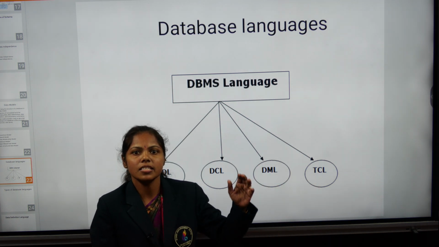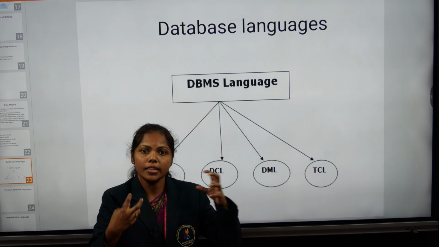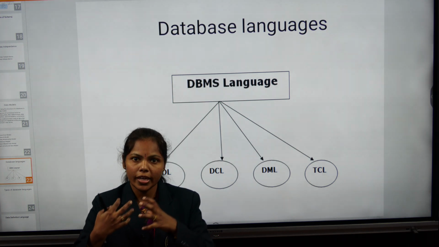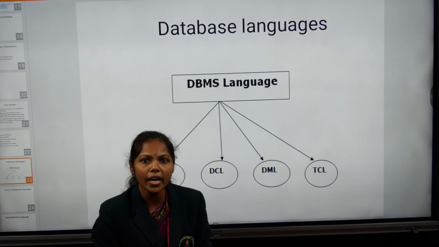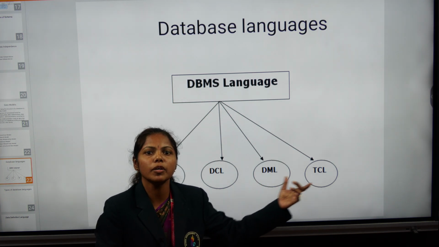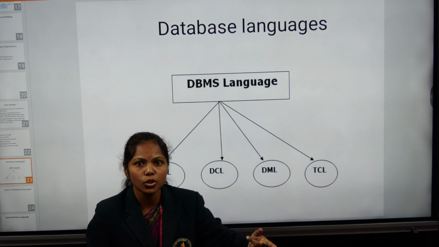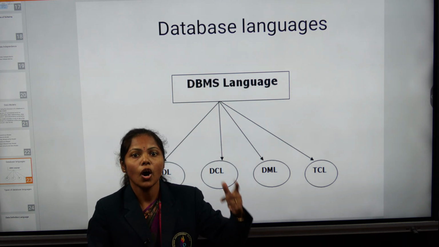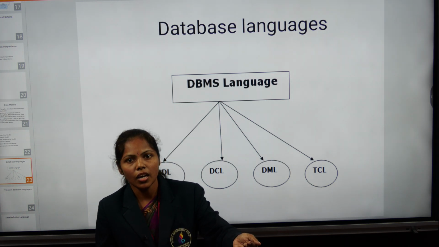SQL is the Structured Query Language. This language contains a set of commands, and these commands are used to interact with the database. If you want to perform any operation, we require languages. That is the main purpose of DBMS languages: to perform certain operations on the database based on the user requirement.